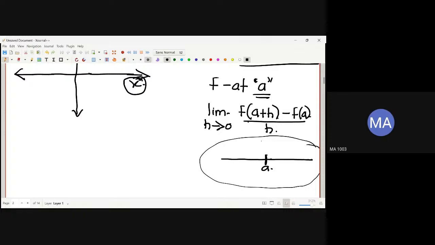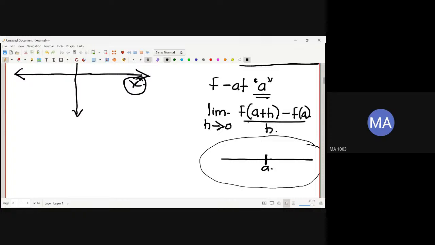But when you are dealing with a two variable function, when you are talking about the derivative with respect to x, this point is what? x comma 0, right?